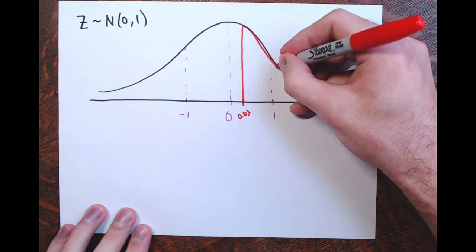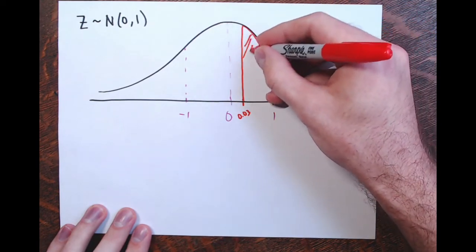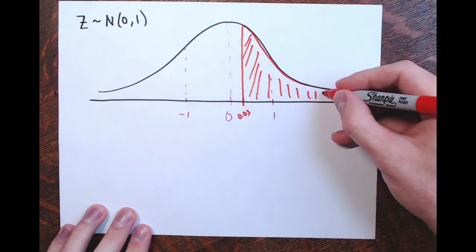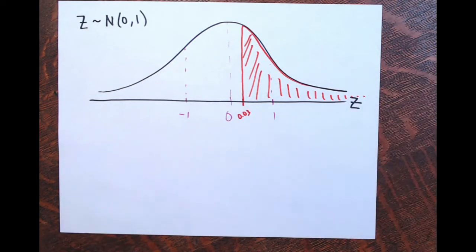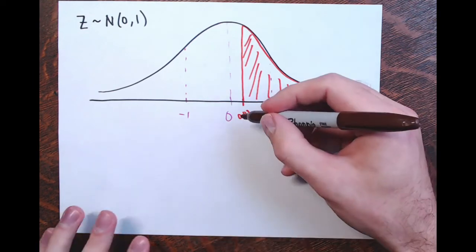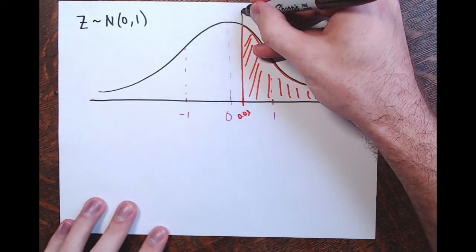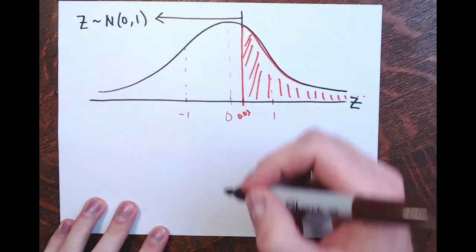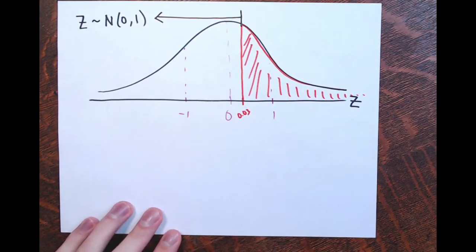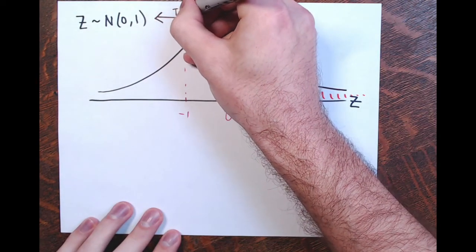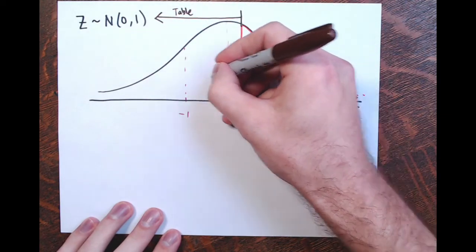And the area to the right of that, all of the area to the right, so all the way to the right forever. Now remember, if I'm using that table, if I look up 0.03 on a table, it gives you the area to the left.